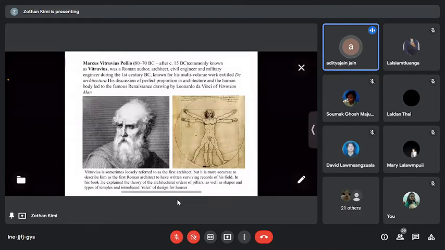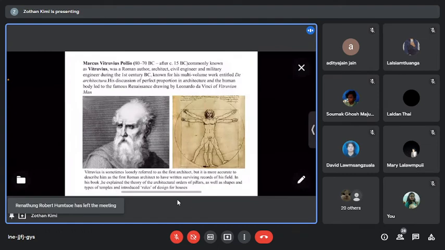Okay, so now we know who Marcus Vitruvius Pollio is. He was a Roman architect, though he had many other designations, but more importantly, he was an architect. So please always remember that we consider him as the first architect, not because he's the first architect, but because he's the only one who still has written records of the drawings that he has made, the theories that he has followed. He was basically the first theorist to have documented his ideas and philosophies of architecture.